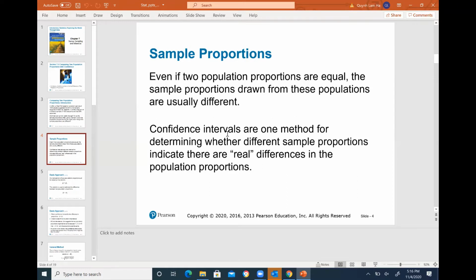Confidence intervals are one method for determining whether different sample proportions indicate real differences in the population proportions. So they give us the hint that confidence intervals will help us.